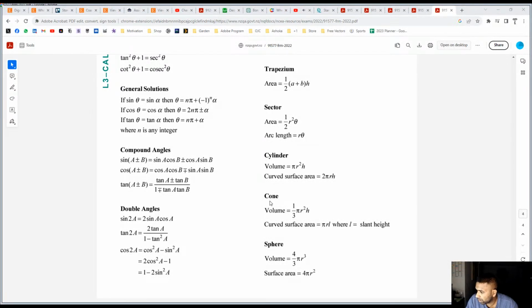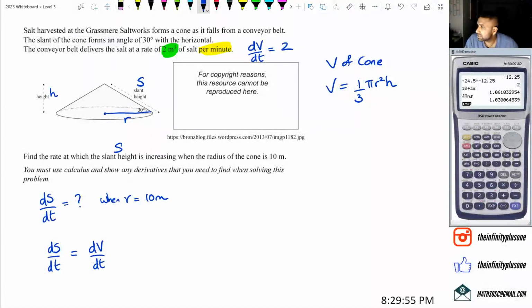So here is the volume of the cone. I'm going to write that down, because usually with these shapes, you always have to use one of those formulas. In this one, the volume of the cone is 1/3 πr²h. So that's the next step here, putting that down as 1/3 πr²h.